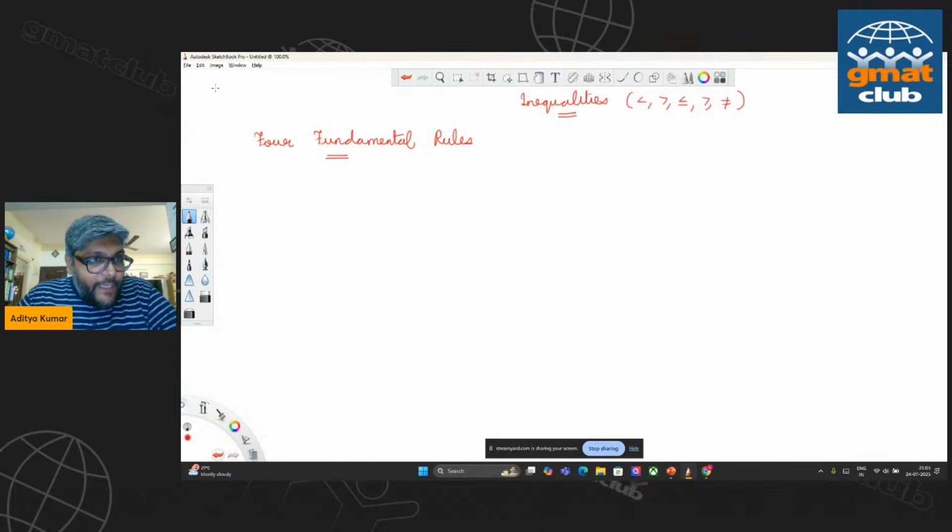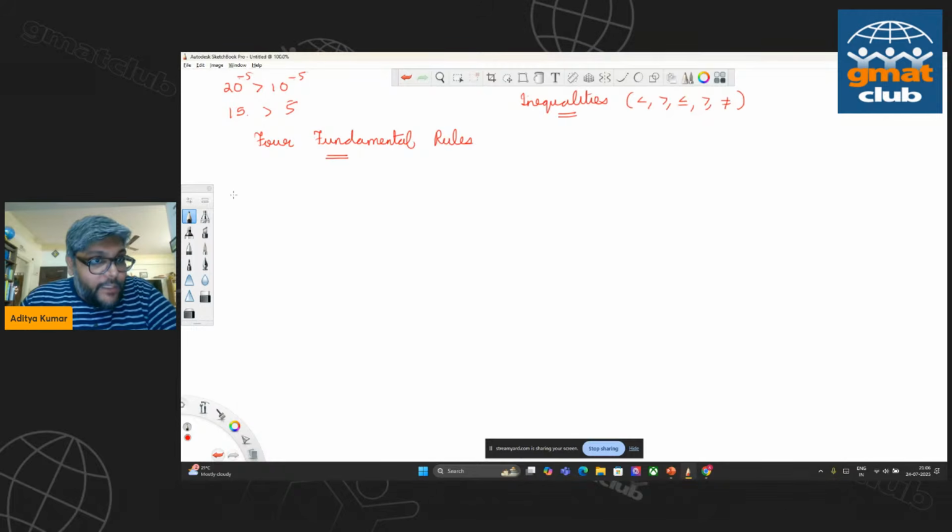So if I take an example, let's say 20 is greater than 10, a true inequality. If I add a constant 5 to both sides of the inequality, I'm going to get 25 and 15. So the inequality sign did not change, it remained the same. And similarly, if I subtract a constant 5 on both sides, I'm going to get 15 and 5. 15 is still greater than 5.